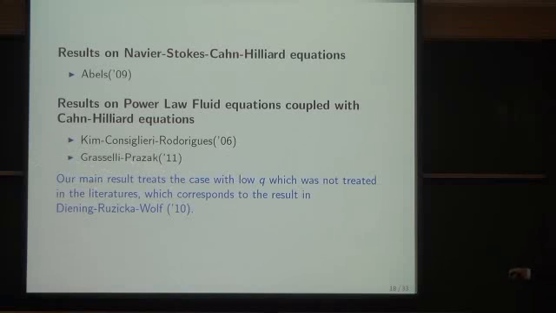And Grasselli-Prazak in 2011 studied the asymptotic behavior of this equation. And our main result treats the case with low q, which was not treated in the literature, which corresponds to the result in Diening, Ruzicka, and Wolf.